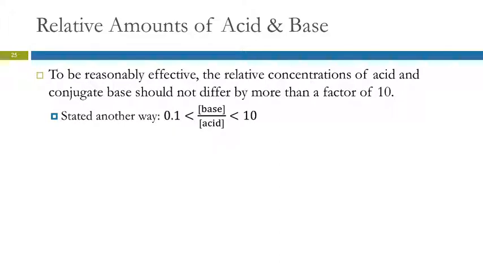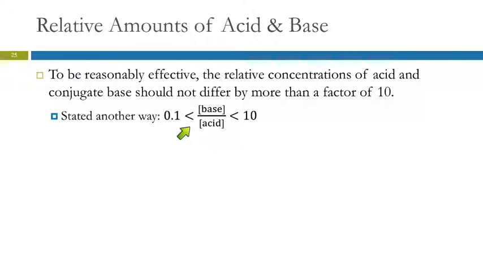So the relative amounts of acid and base are important. So we can determine that for a reasonably effective buffer, the concentration of the acid and the base should not differ by more than a factor of 10.